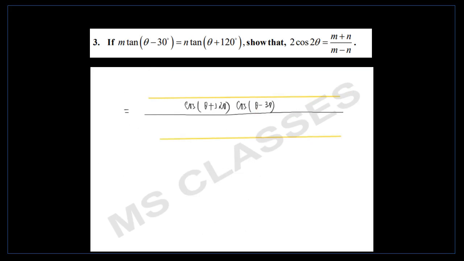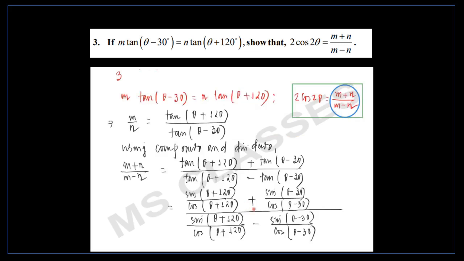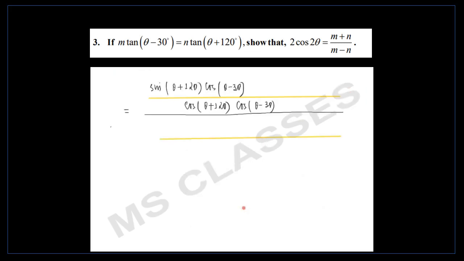Now in the numerator what we'll have? Sin(theta plus 120) into cos(theta minus 30). In between what you had? In between you had plus. So here we'll take plus sign. Plus cos(theta plus 120) into sin(theta minus 30).